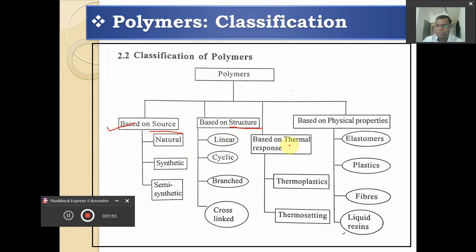The next one is how it responds to heat, meaning on the basis of thermal response we can also classify polymers. And the last one is the physical properties of polymers. This is also one of the criteria based upon which we can classify polymers into different types. Already I told you, we have discussed the first classification based upon the source of polymer as natural polymer, synthetic polymer, and semi-synthetic polymer.